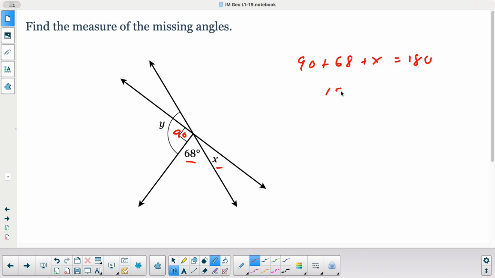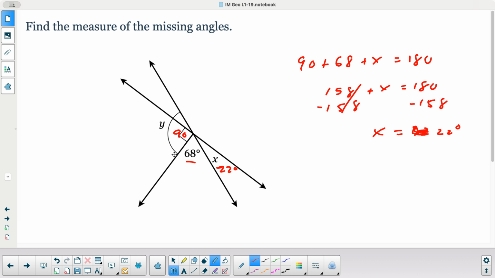So combine these two, I get 158 plus x equals 180, minus 158 from both sides. And we get x equals 32, no, 22, sorry. Okay, so this here is 22 degrees, okay?